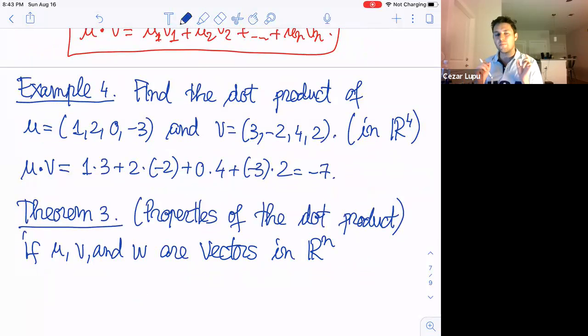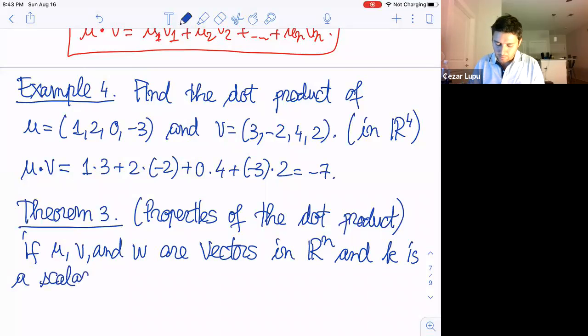That's why we call it the dot product. You will see that next lecture when we talk about inner product spaces, the situation will change just a little bit. Vectors in Rn, and k is a scalar. Then the following properties hold true.